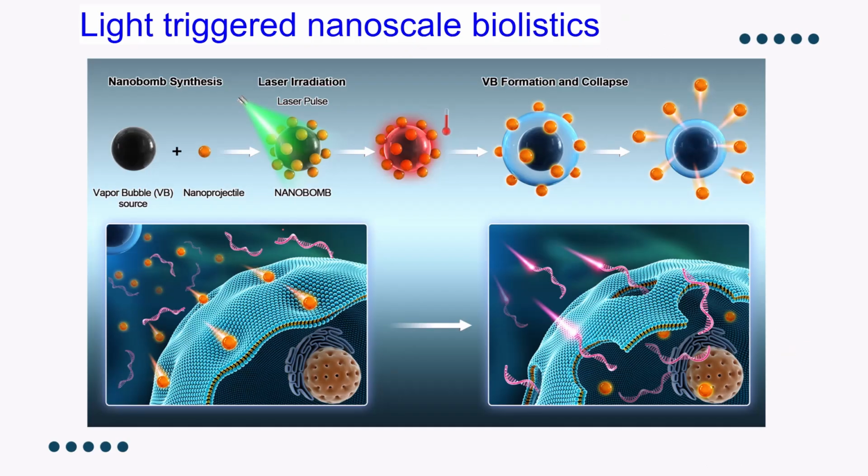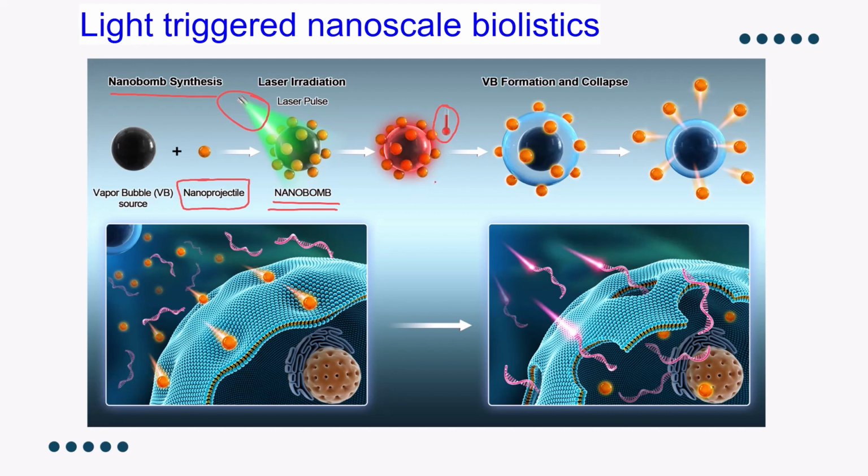Here we have another bomb-like method for the same purpose, but the preparation is a little different. It is light-triggered nanoscale biolistics. Here a nanobomb synthesis is done. The vapor bubble plus the nanoprojectile is treated with a laser, so a nanobomb is formed. When it is treated with the laser, its temperature increases to such a point that it may be released at any time.